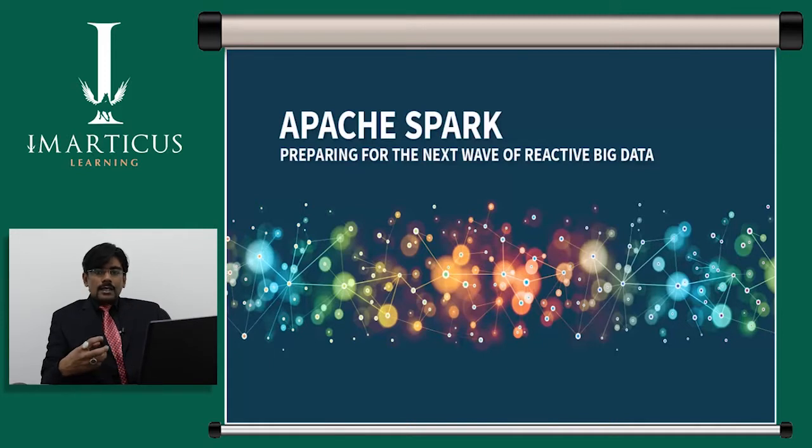So here is the requirement for a technology which is faster, which gives you faster results and a low latency model when it comes to iterative modeling. And hence Spark was introduced in the Apache Software Foundation in 2013.